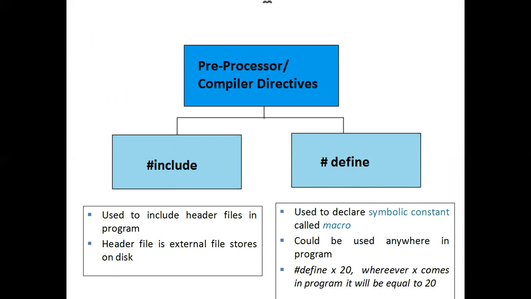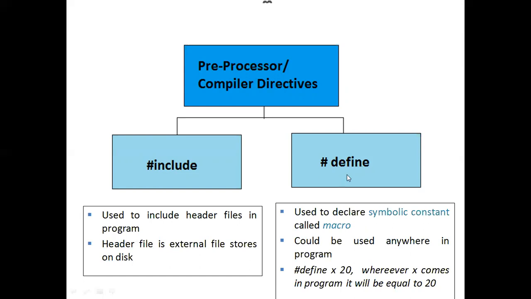Hash include is used to include a header file in the program. As we have seen, a header file is an external file stored on the disk, and because it is added at the top, it is called a header file. We want the compiler to also include these files with our program. Therefore, hash include is used.